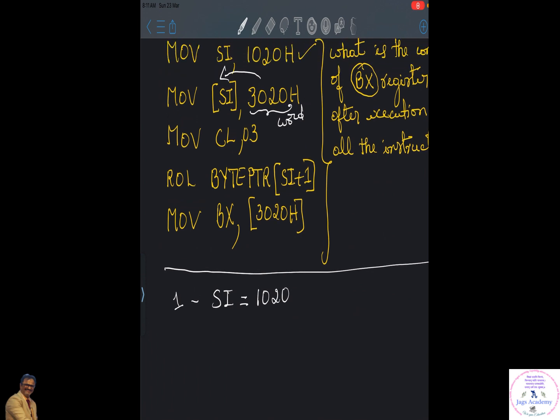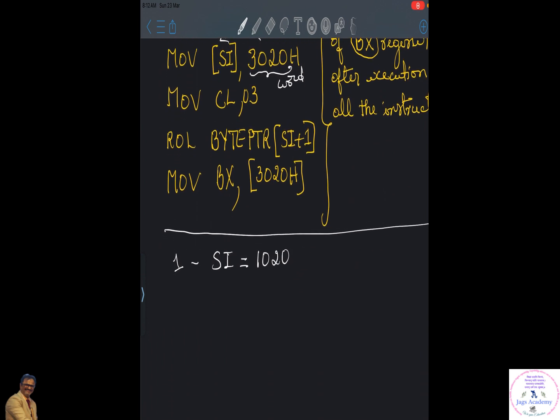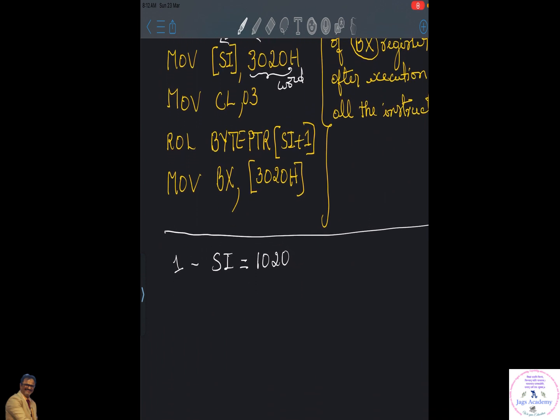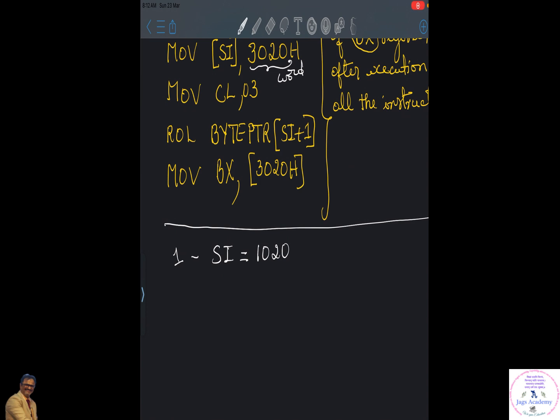Now, data has been put in the memory. How has the data been put in the memory? In the second step, data is inserted into memory. What is the offset address?